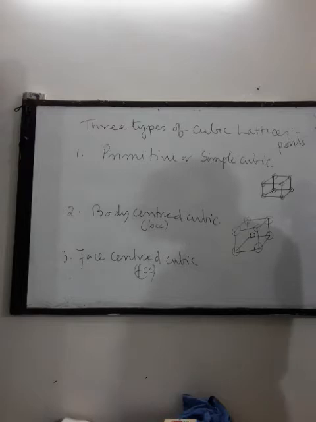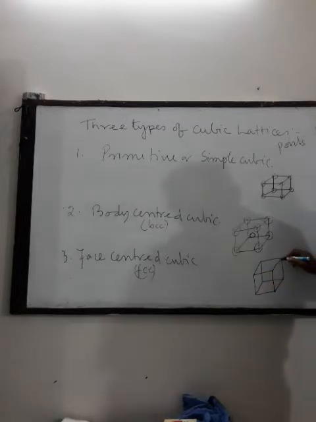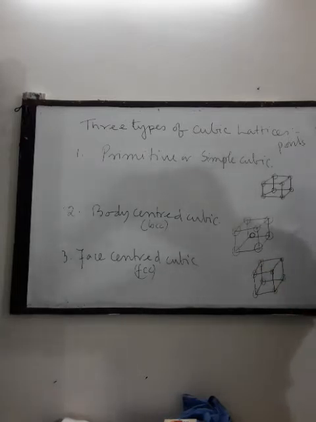And last one is called face-centered cubic unit cell, which is also known as FCC. So in this case, atoms, molecules or ions are present at 8 corners like the previous one, and in addition at the center of 6 faces.